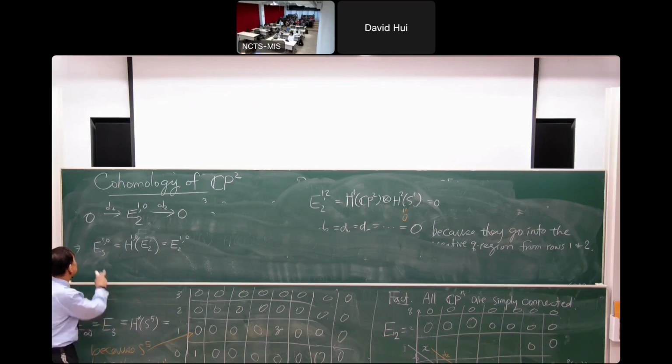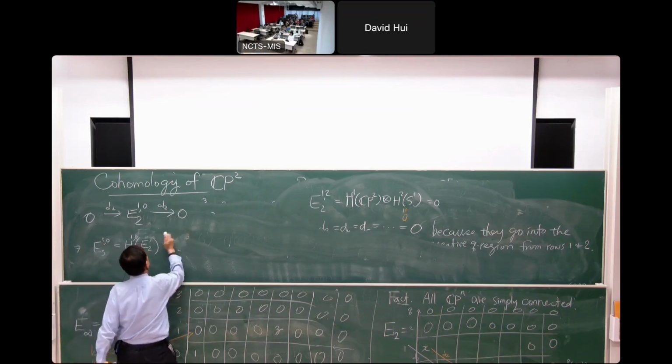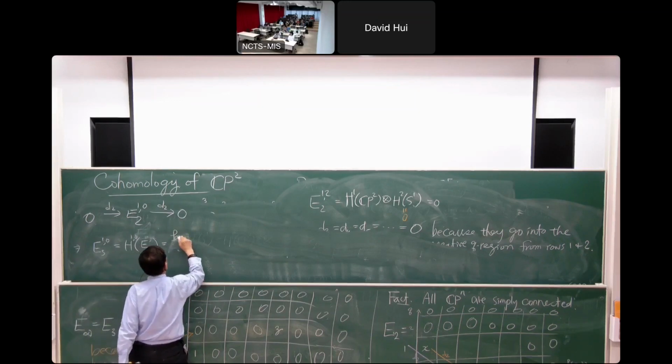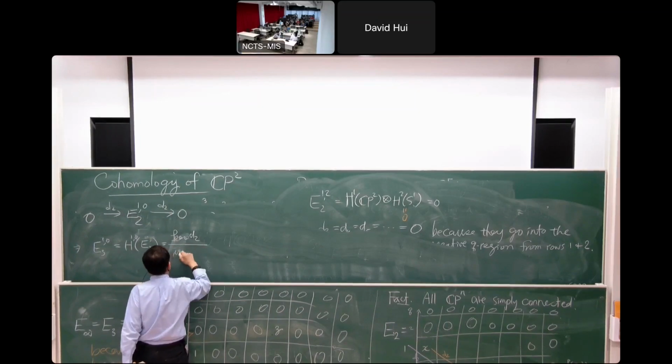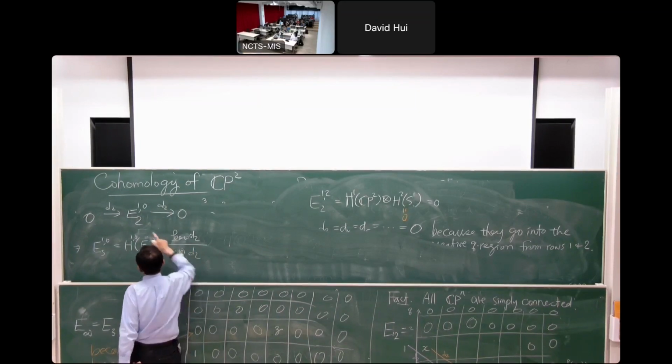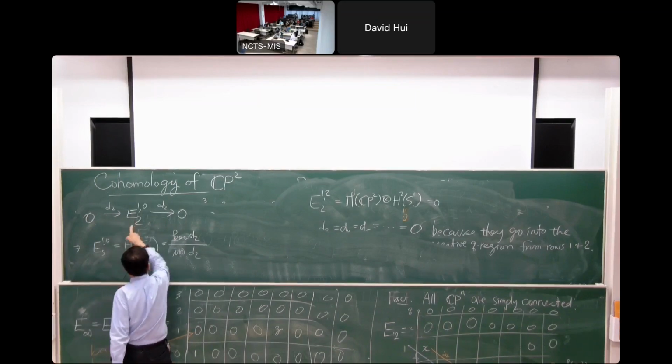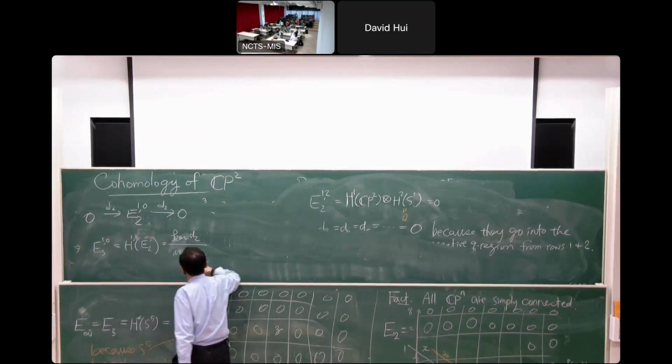Right? Because E3 of 1, 0, that's the kernel of D2, this D2, in degree 1, 0 over the image of D2. So it's the stuff that goes into this box.